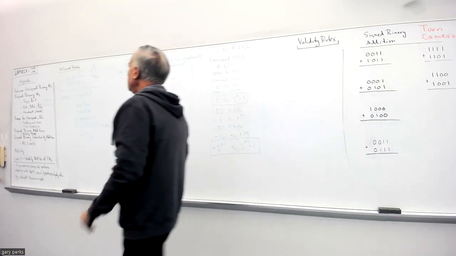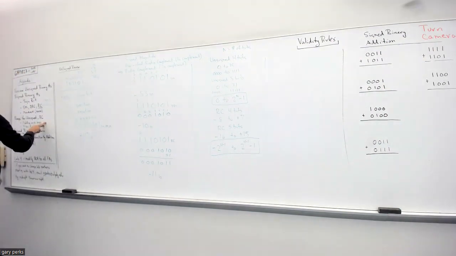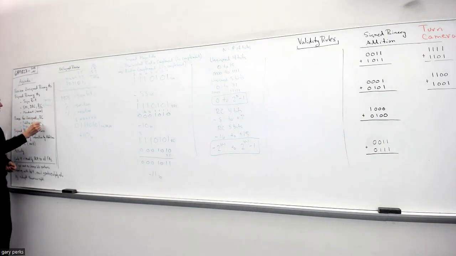All right. Okay, the next couple of things we're going to talk about are not really important for this class, but the reason I'm going to bring them up is because they are something that's important to know for CPE 233.